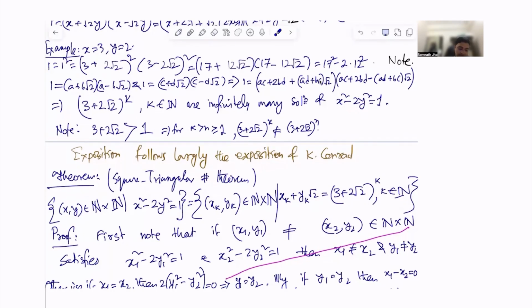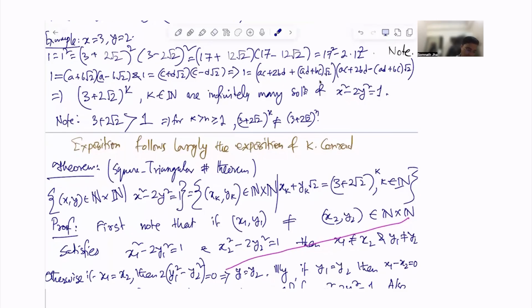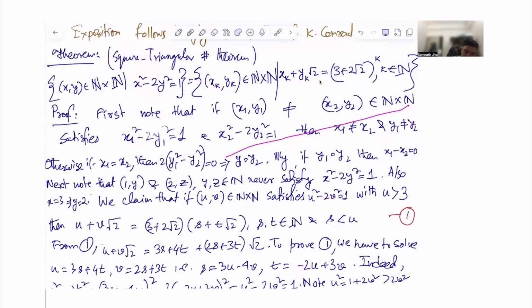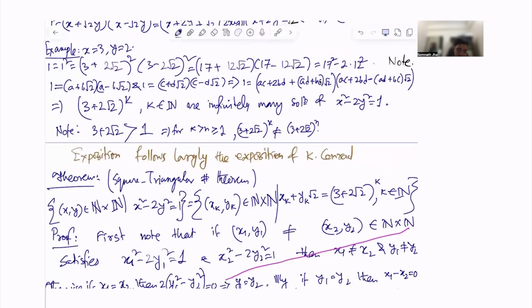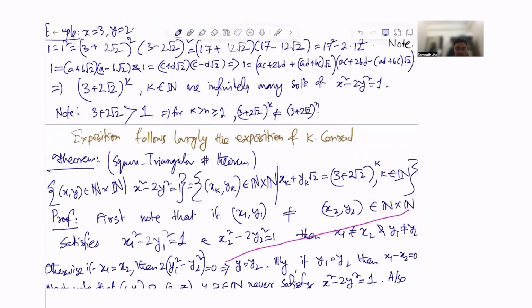So first you note that if you have two different solutions, (x1, y1) and (x2, y2), then their x coordinates cannot be the same. Because if x1 square minus 2y1 square equal to 1, and x2 square minus 2y2 square is equal to 1 as well, then x1 is not equal to x2 and y1 is not equal to y2.